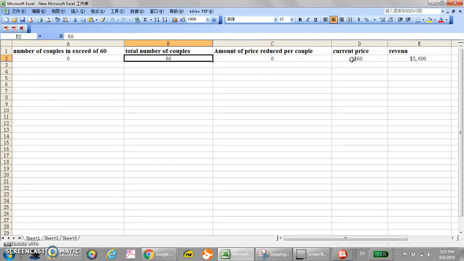Therefore, every couple will be charged $60, and the revenue of the motel is the number of couples times the price the motel charges each couple. So it's 60 times 60, that's 3,600.